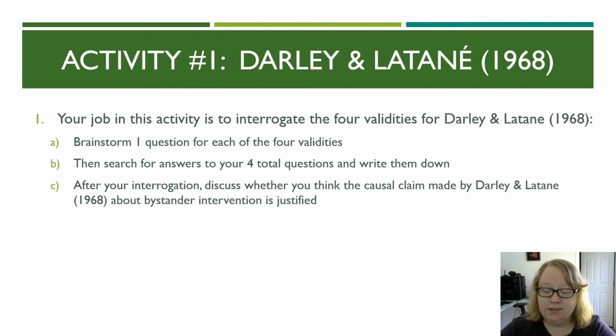All right, that brings us to activity number 1. For this activity, what I want you to do is interrogate the 4 validities for this Darley and Latané paper. The point of this is to bring together the things that we've been talking about throughout the semester. Way back toward the beginning of the semester, we talked about 3 claims, 4 validities, right? And we've talked since then about the validities in more detail.